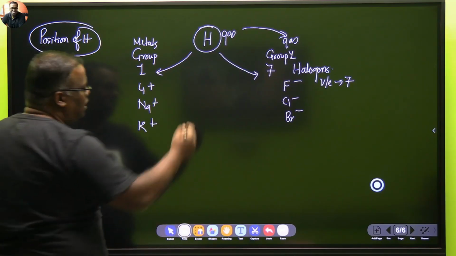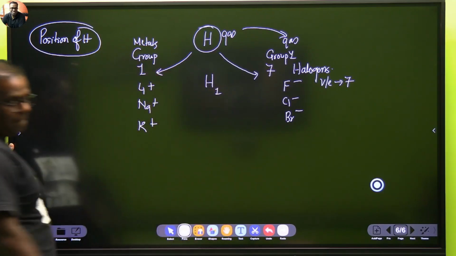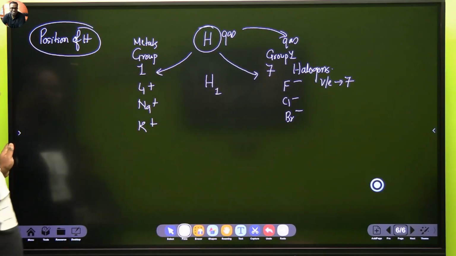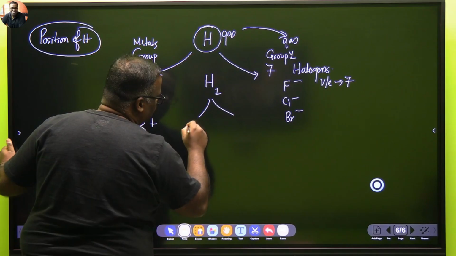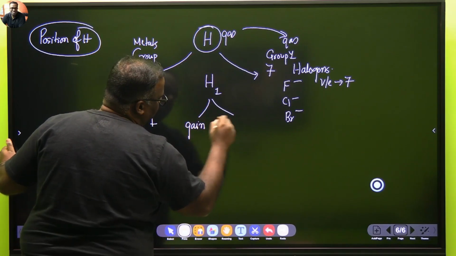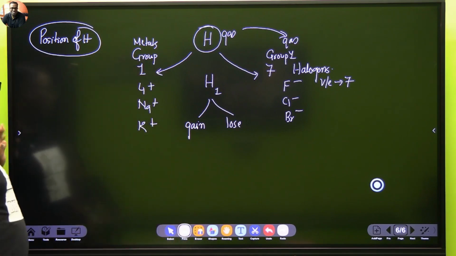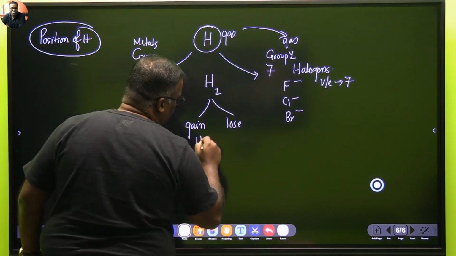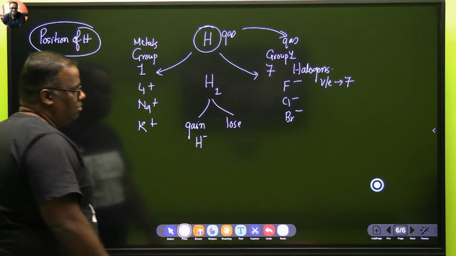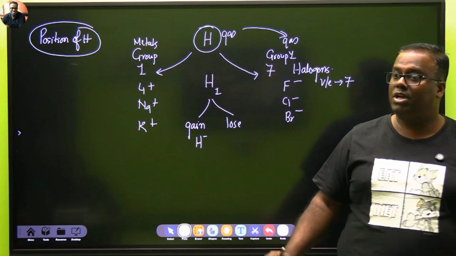Now the unique thing about hydrogen is that hydrogen has only one electron. Okay, hydrogen has got one electron. So there is a possibility that hydrogen can gain an electron or hydrogen can lose an electron. If hydrogen gains an electron, it becomes H minus.